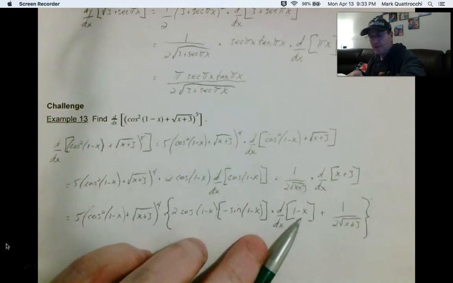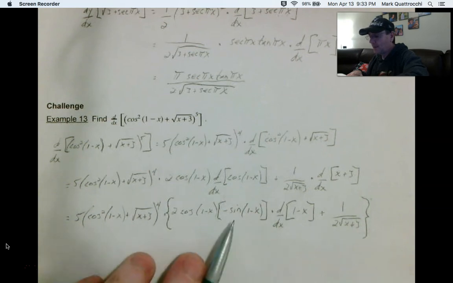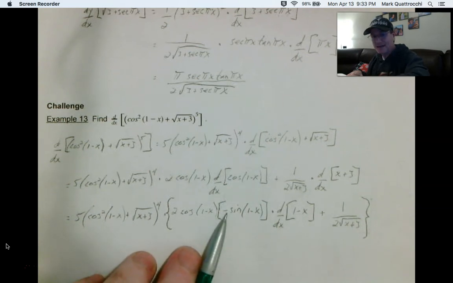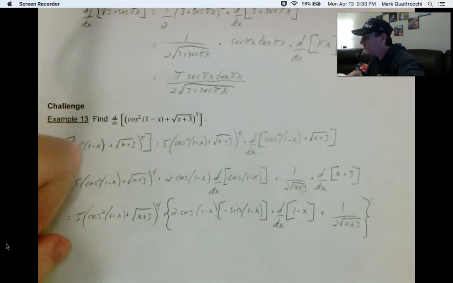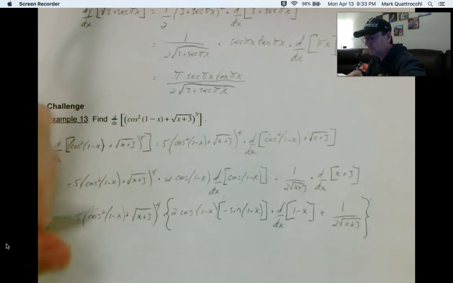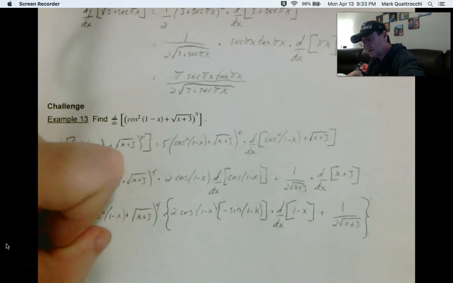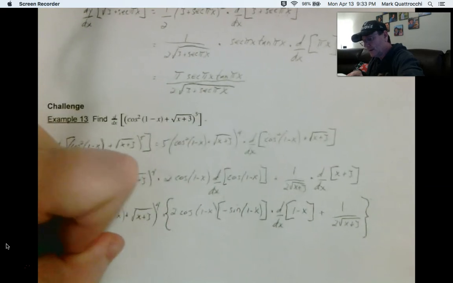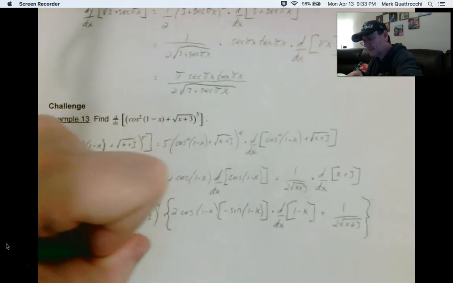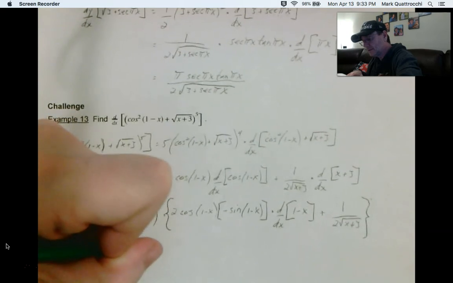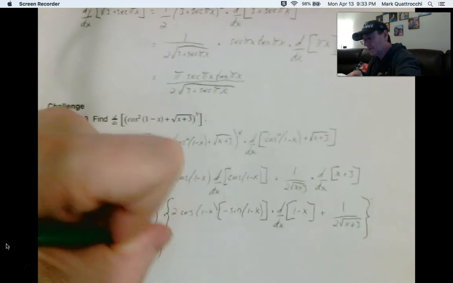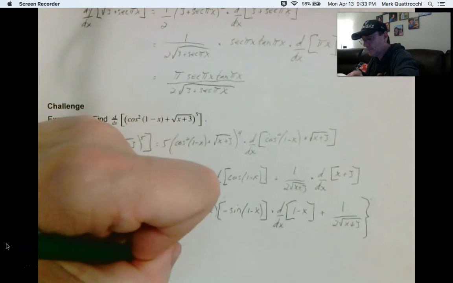So the derivative here is -1. Coupled with this negative sign, it's going to become 5 cosine squared 1 minus x plus square root of x plus 3 to the 4th, bracket.